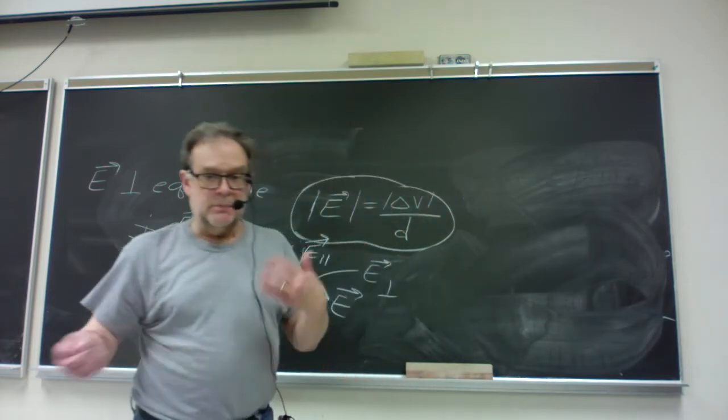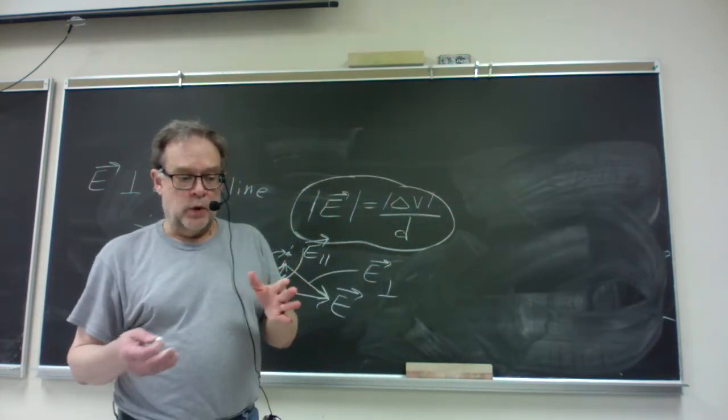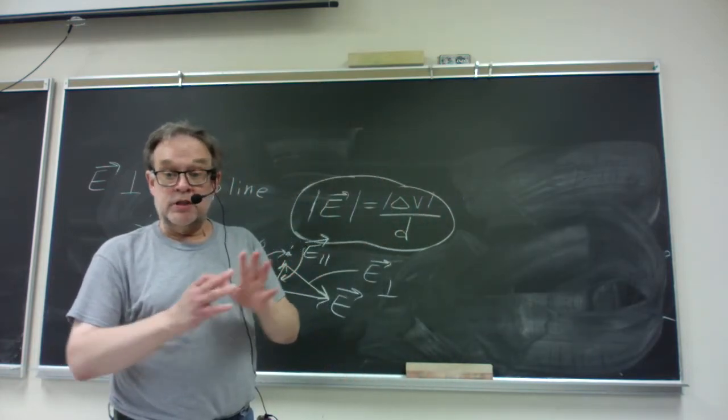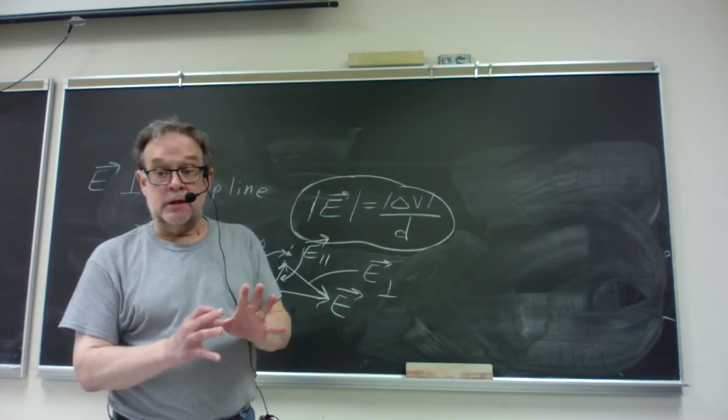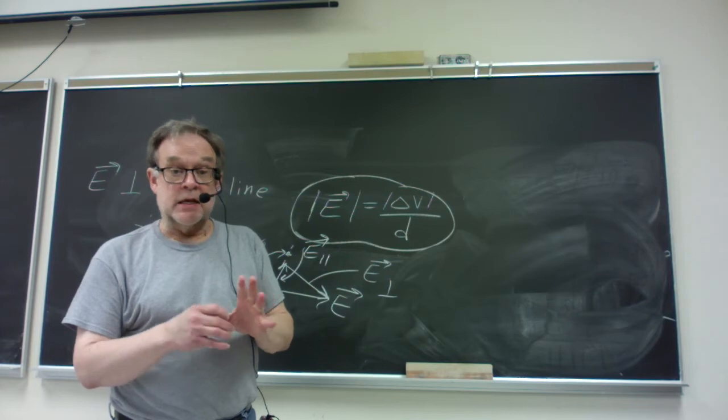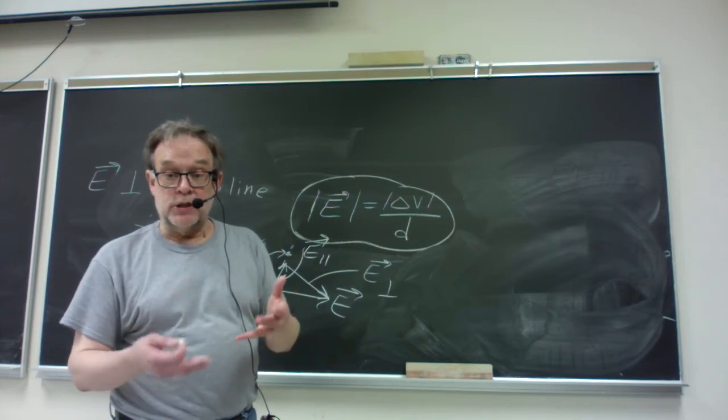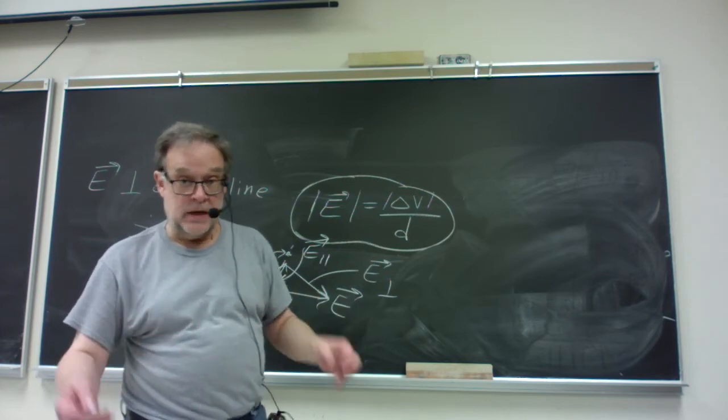I'll start with the simplest possible case where the electric field is uniform throughout some region. That is, the electric field has the same value everywhere and it's pointing in the same direction everywhere.